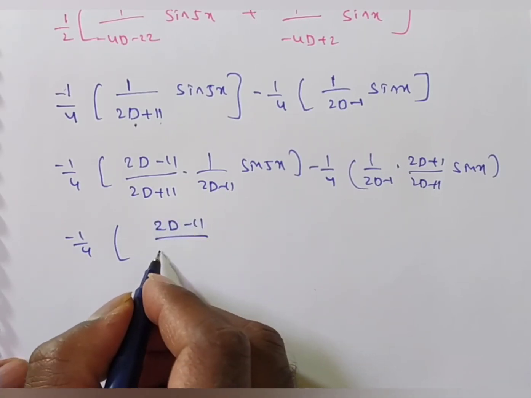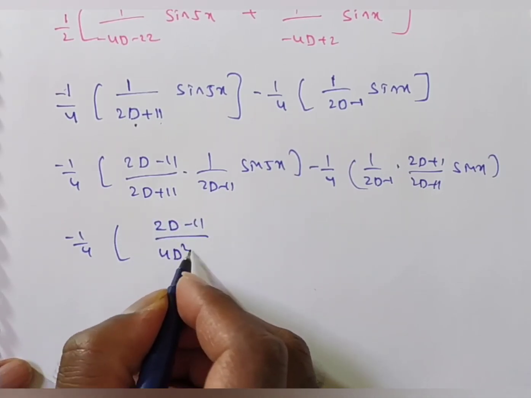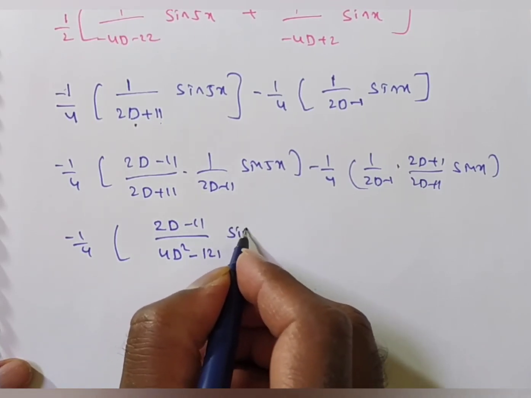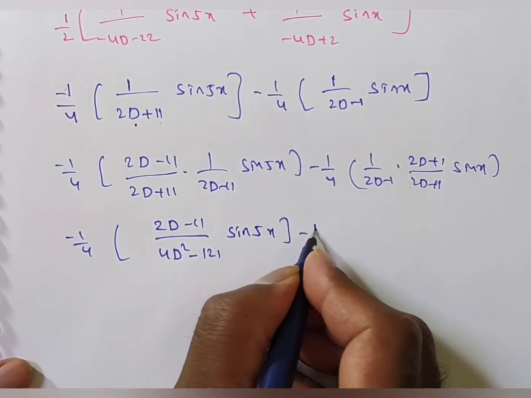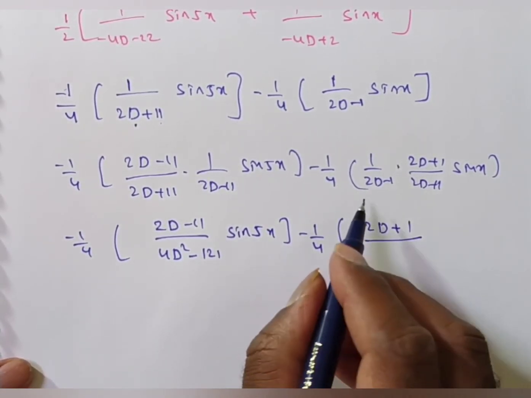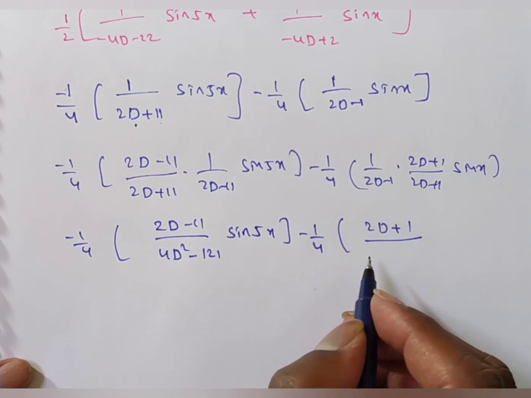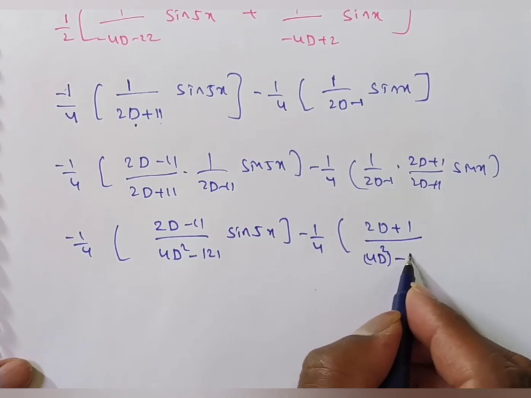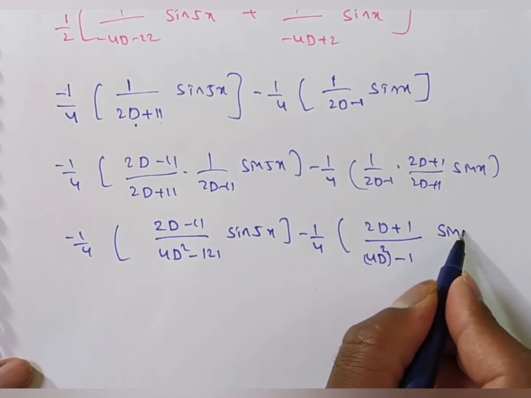So a square is nothing but 2D whole square, 4D square, minus b square, which is 11 square, 121, into sine 5x. Minus 1 by 4 times 2D plus 1 by, now a minus b into a plus b is nothing but a square, which is 4D square, not 4D whole square, 2D whole square. Okay, minus 1 into sine x.